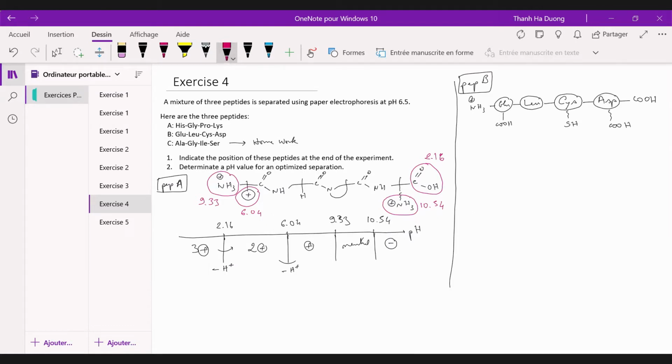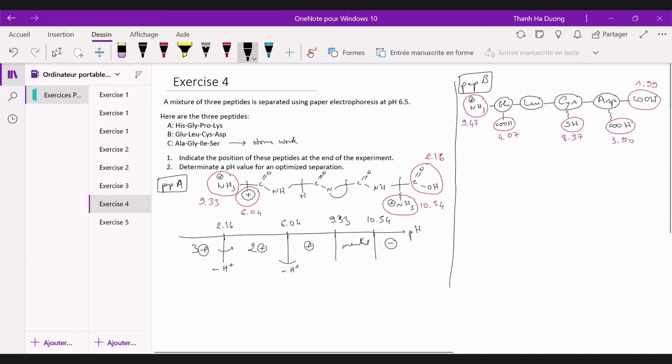I will put the pKa value of each function. So this is 9.74, 4.07, 8.37, 3.19, and this one point.